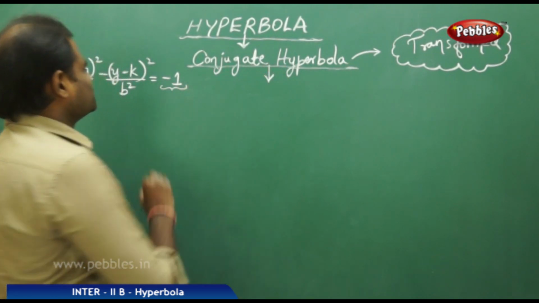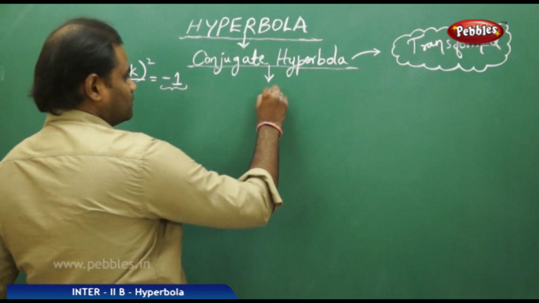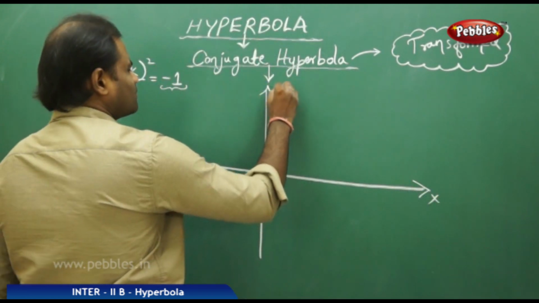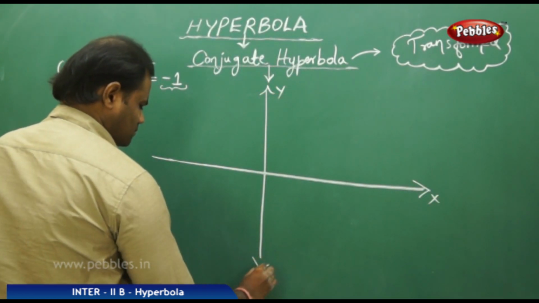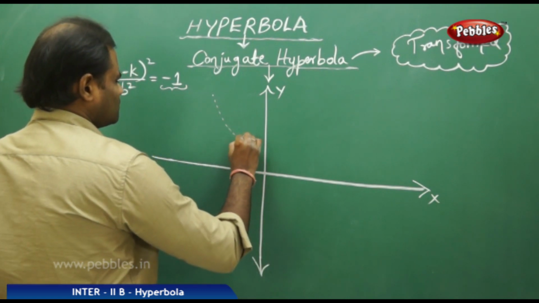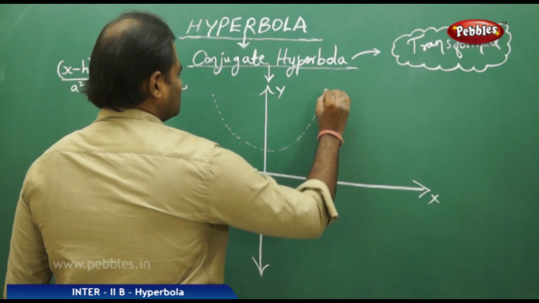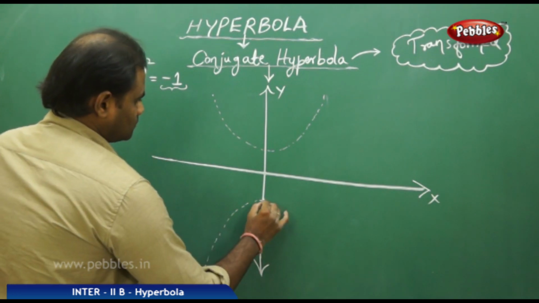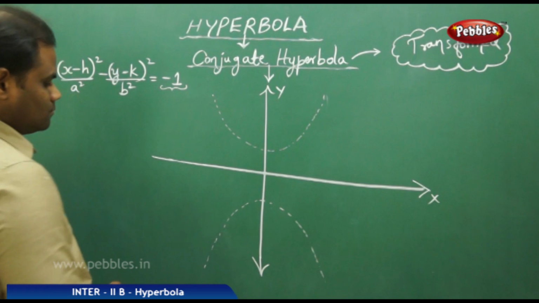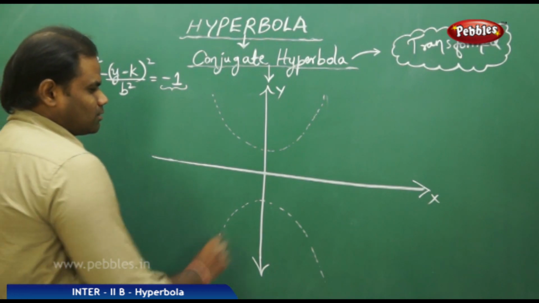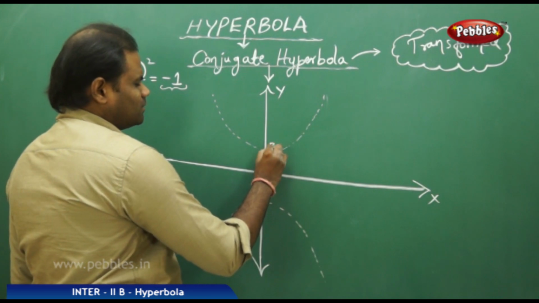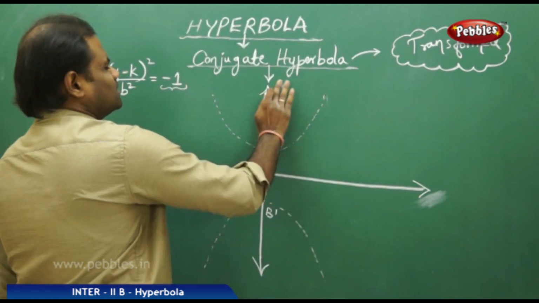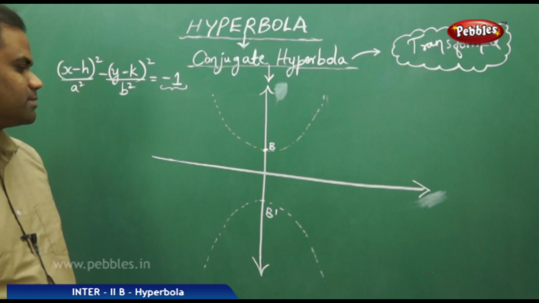As we know, this is in conjugate form because it's -1 on the right. This hyperbola has the vertices B and B dash, but this is not the x-axis and y-axis, but a transformed axis other than the x and y axis.